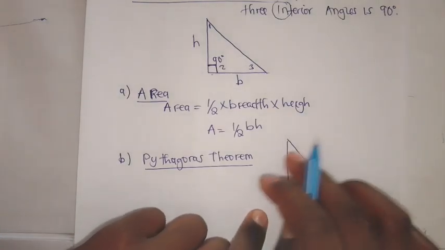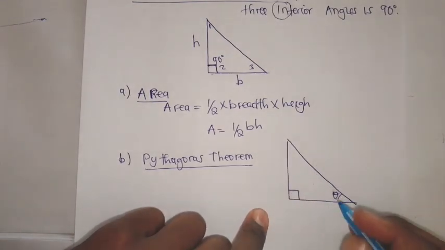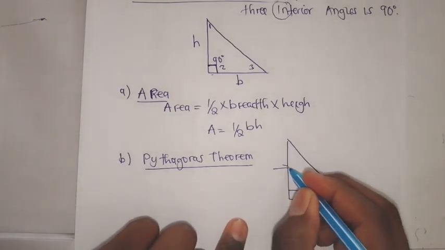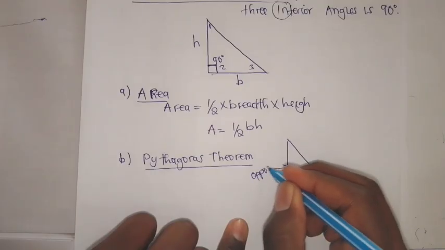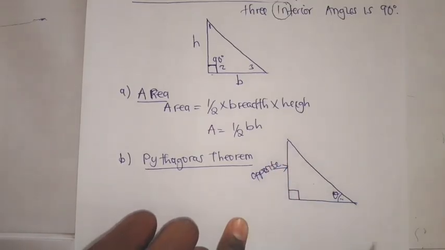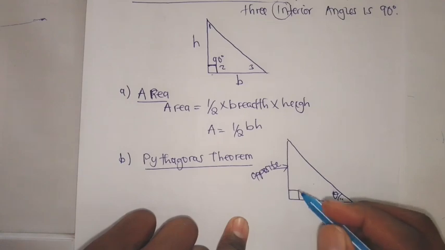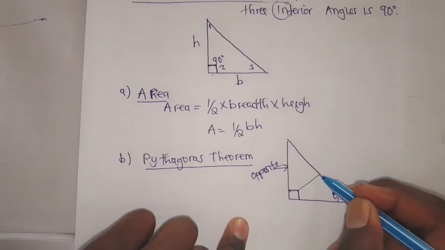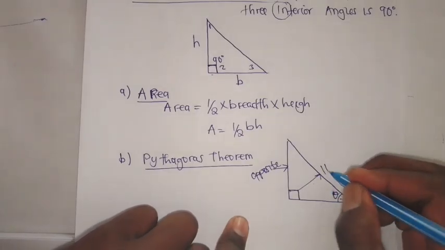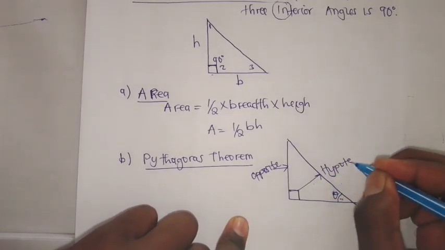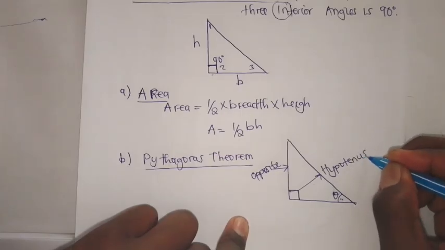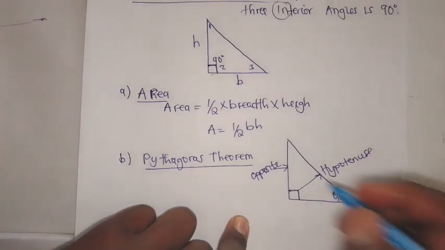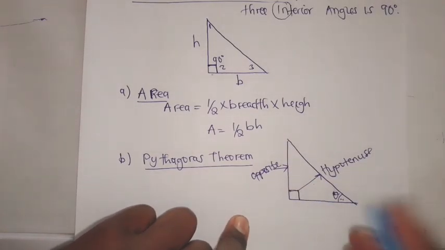How are you going to name these sides? The side opposite to theta is what we call the opposite. That's the name of this side. Then the side where this 90 degrees angle is pointing is what we call the hypotenuse. I don't know how we pronounce it, but it's hypotenuse. Then the remaining side is what we call the adjacent.